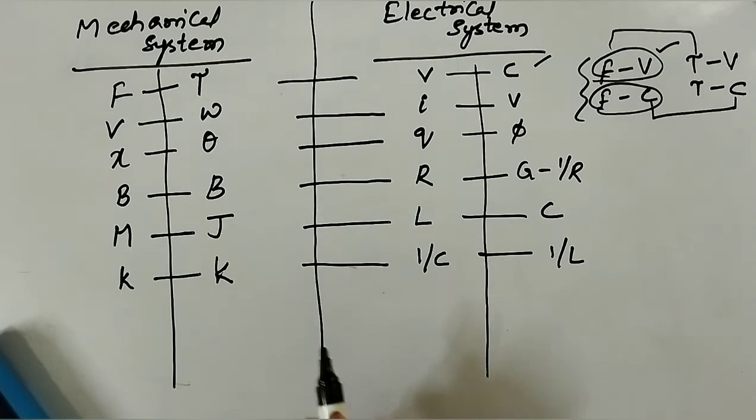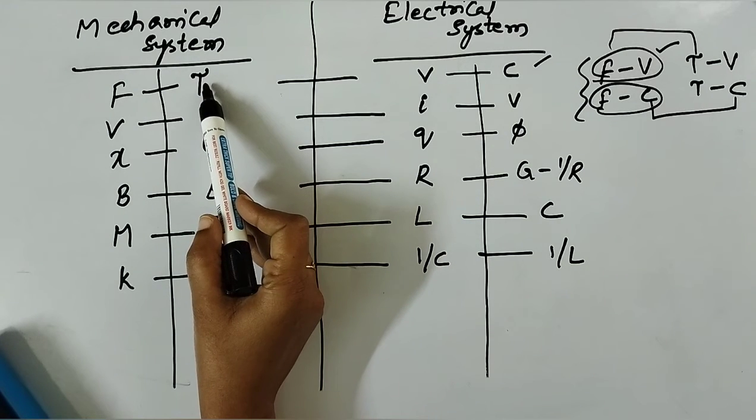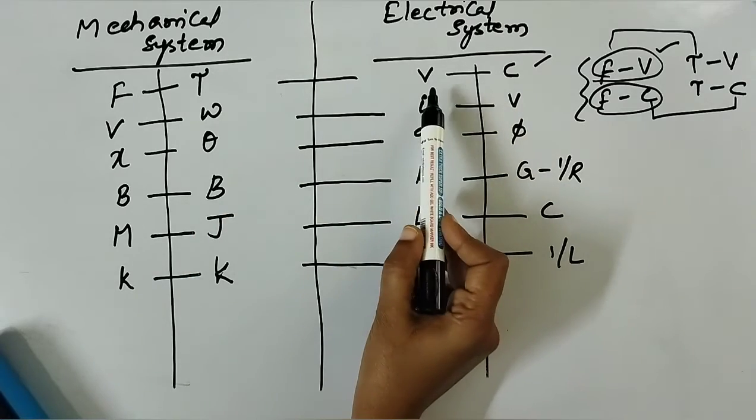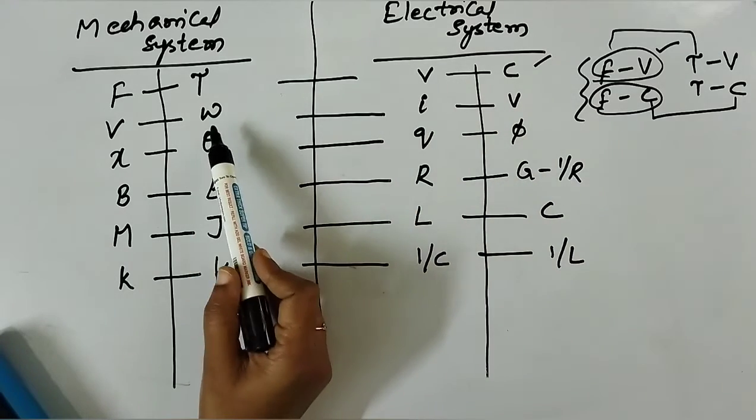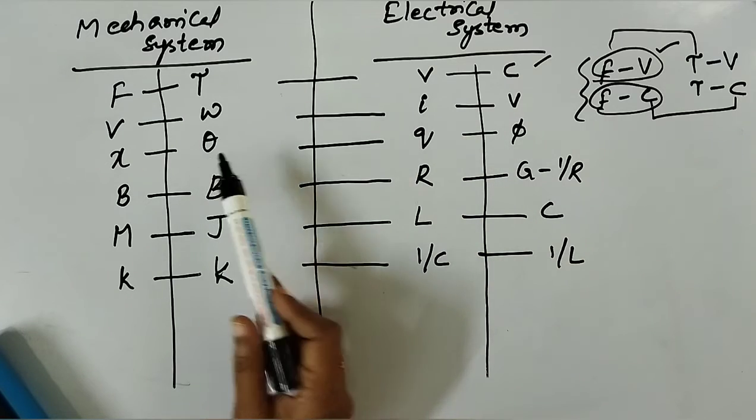If you're talking about the torque voltage analogy, torque is equivalent to voltage, angular velocity is equivalent to current, and theta, the angular displacement, is equivalent to charge.